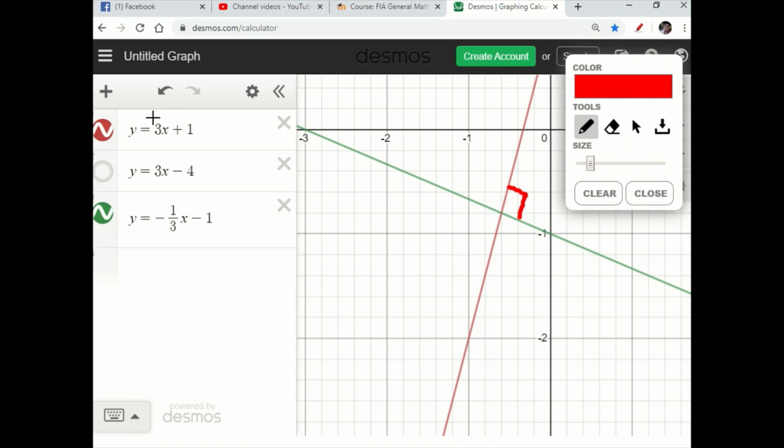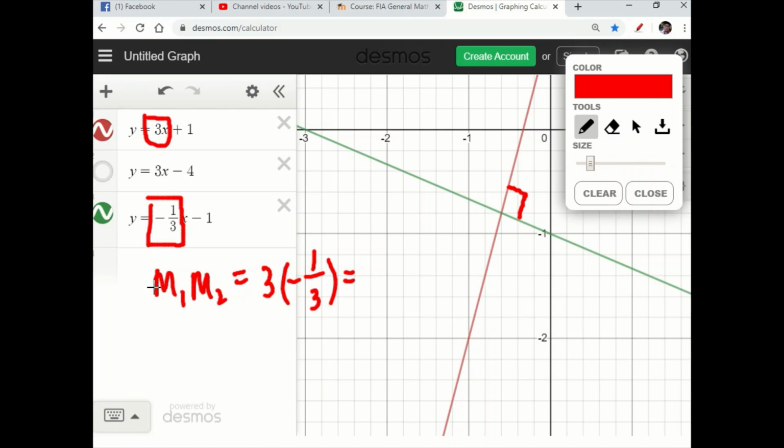So now, what is the slope for the red line? It's 3. And what is the slope for the green line? It is -1 over 3. So if we multiply these two, m1 times m2, which is 3 multiplied by -1 over 3, we get -1.